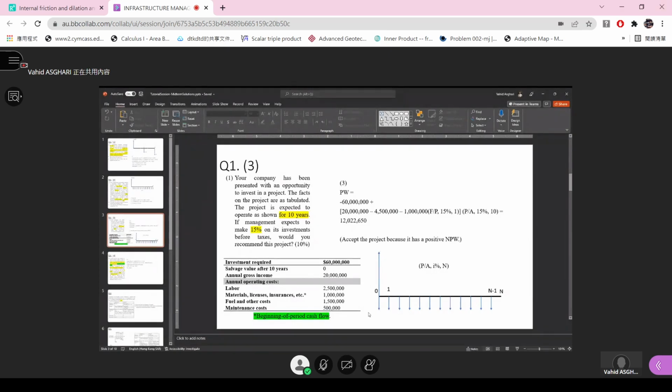Or you can simply move one of these periodic payments to the end of the period, which is 1, and then face the question like any other normal question in this field. Was it clear enough, Yuk Fai Chan?